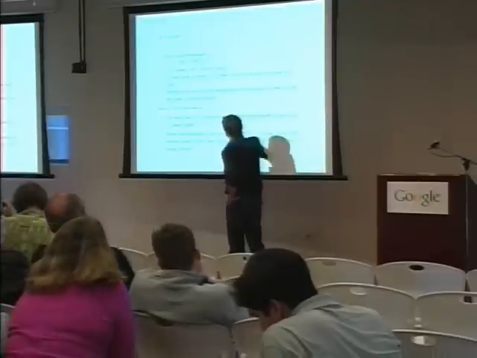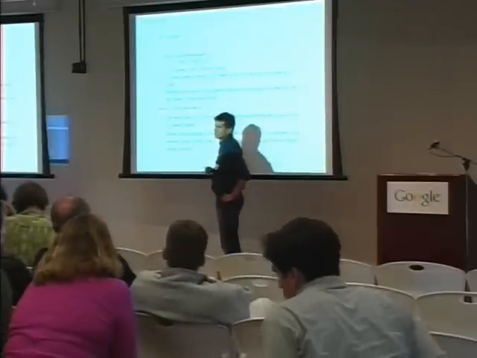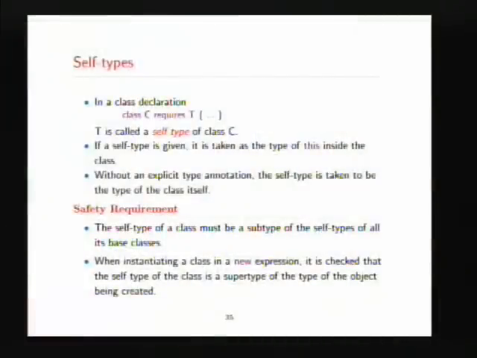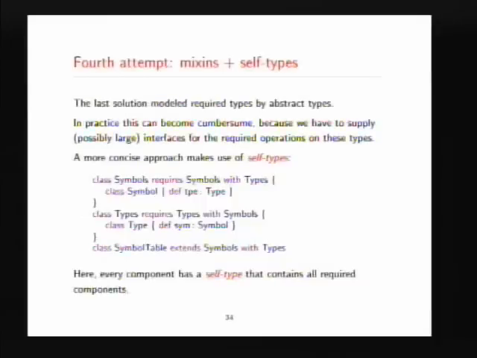Okay. So without an explicit requires annotation, the type of this in Scala is just the type of the enclosing class, as usual. But you can say requires T, and in that case, the type of this would just be T. So let's see why this works. In this one, the type of this here would be symbols with types, and here the type of this would be types with symbols. Actually, it doesn't matter. In this context, it's the same thing.